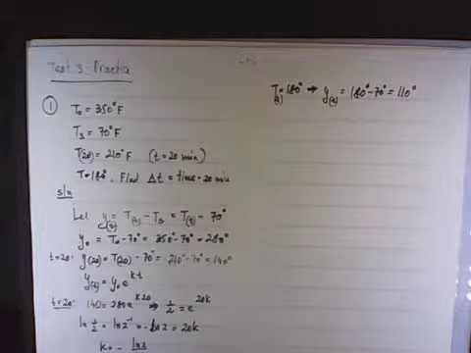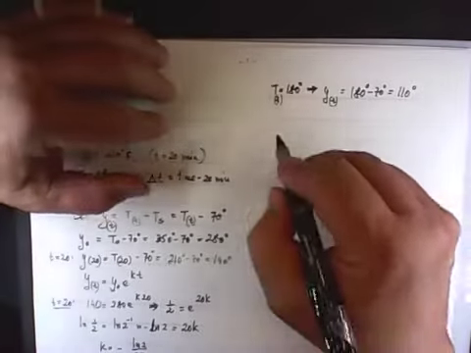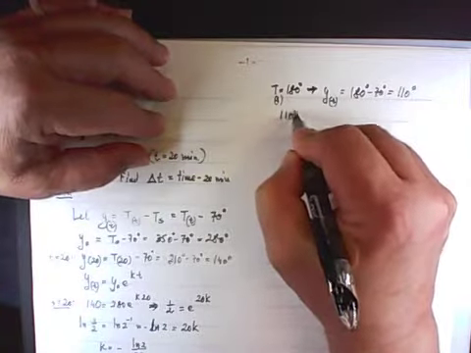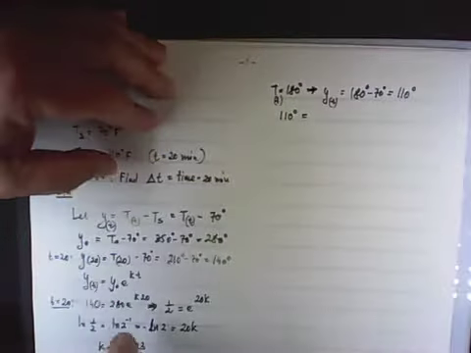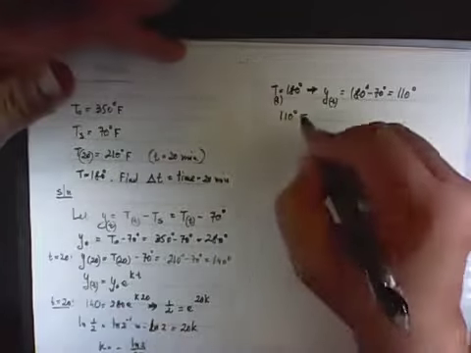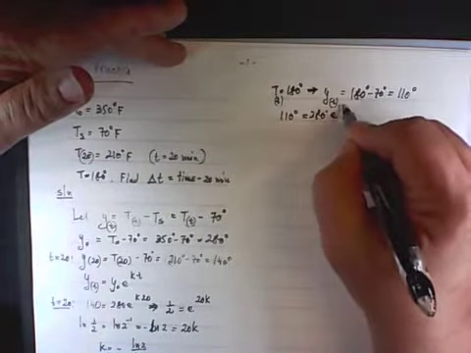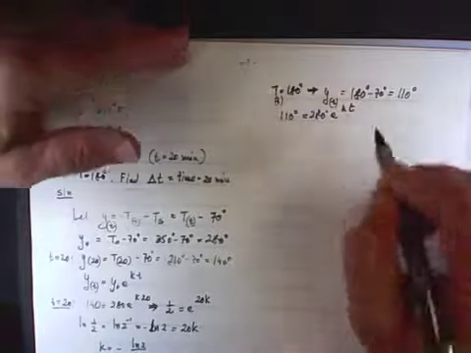Okay? So we want to find t at this time. So 110 equals, remember, we go back to 280 e to the kt, and this is what we need to find.